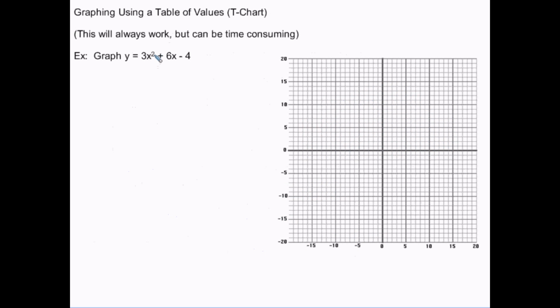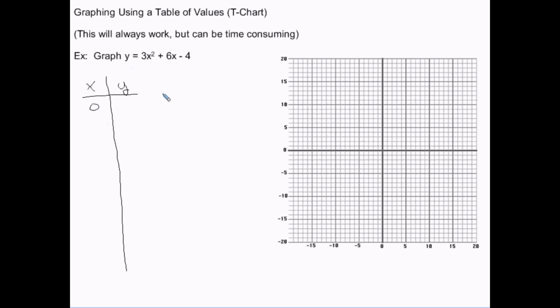Now, if we graph using a t-chart, this will always work, but it can sometimes be very time-consuming. The reason is that you have to plug in values for x and find the value of y and then plot them on your coordinate plane. I always start with 0 because 0 is easy.